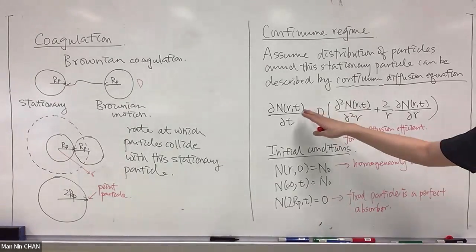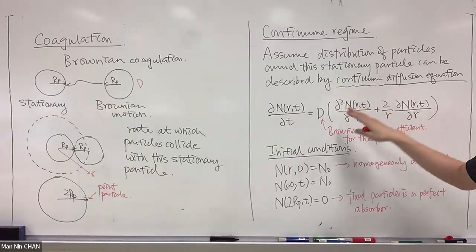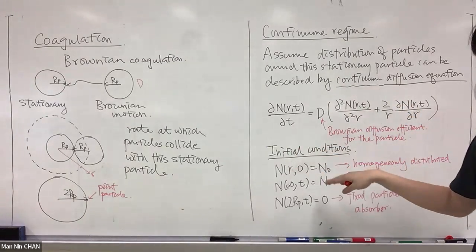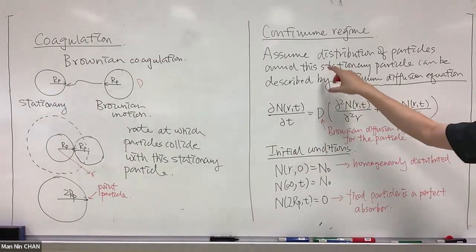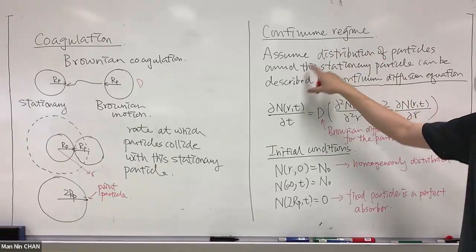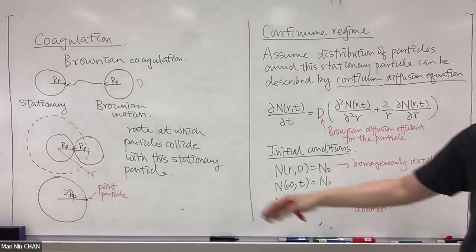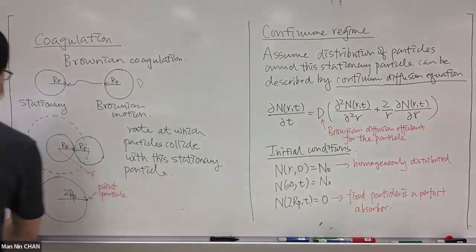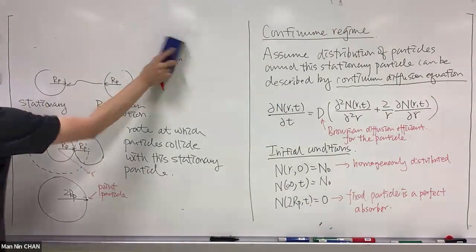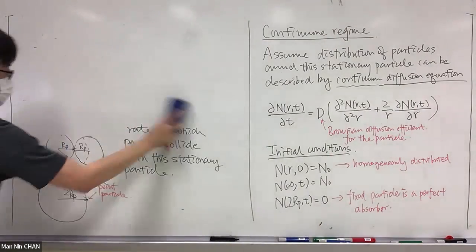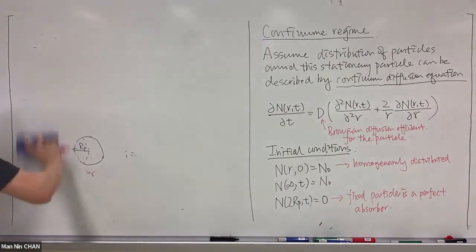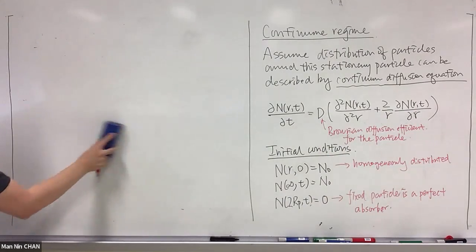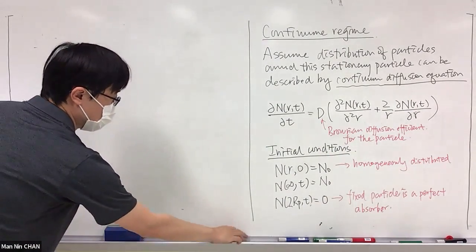Okay, so now you have this continuum diffusion equation together with this initial condition. Then you can solve for the distribution of the particles around the stationary particle at different positions.